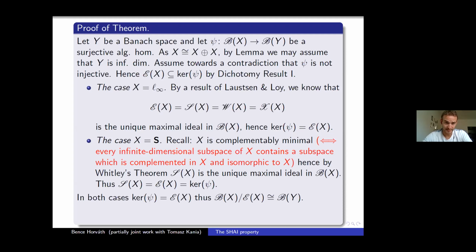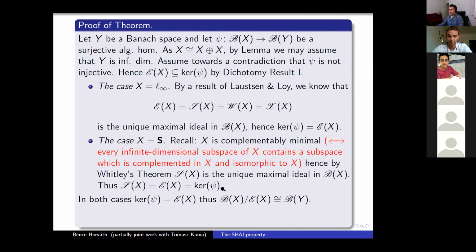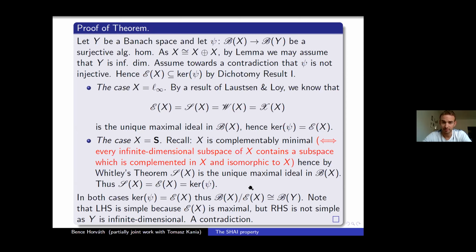So in both cases, we conclude that the kernel of this map psi is actually the inessential operators, so this quotient is isomorphic to B of Y. But recall that this was a maximal ideal. So again, we have something on the left-hand side which is simple, and something on the right-hand side which is not simple, because Y is infinite dimensional and has some ideal. This is a contradiction, so we know that psi must be injective.